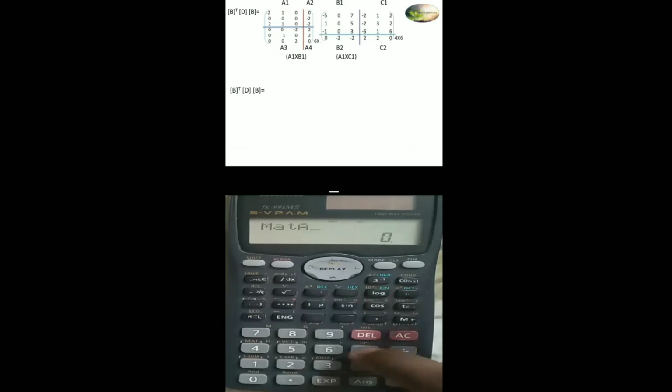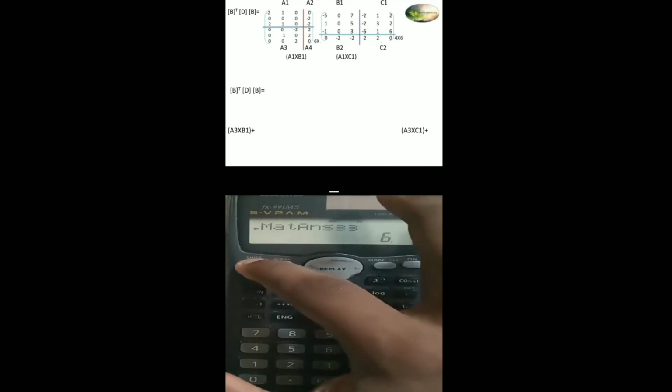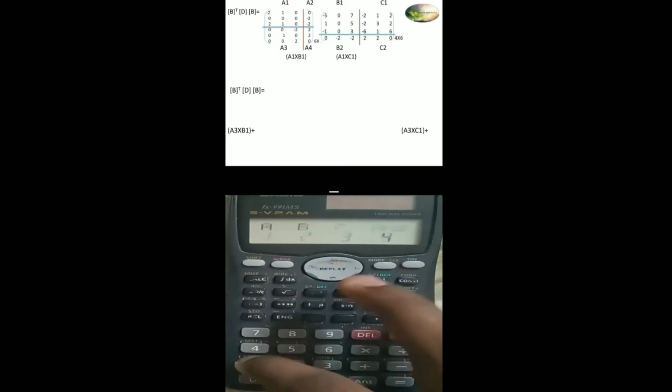Multiply A3 into B1. Note down the values. Then multiply A3 into C1.